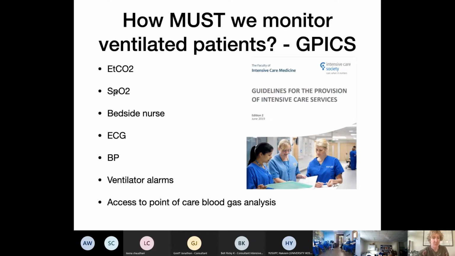Saturations, oxygen saturation monitoring. The bedside nurse, I think, is pretty essential. ECG, blood pressure, ventilator alarm set to appropriate parameters and loud enough to be heard, and access to point of care blood gas analysis.